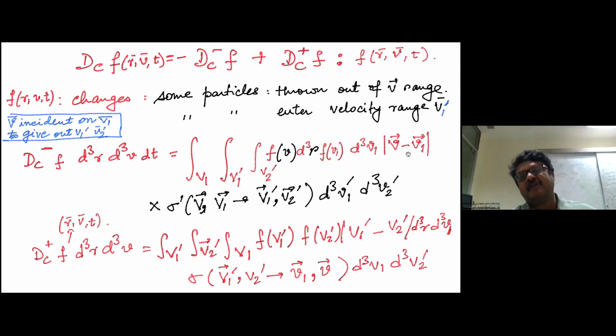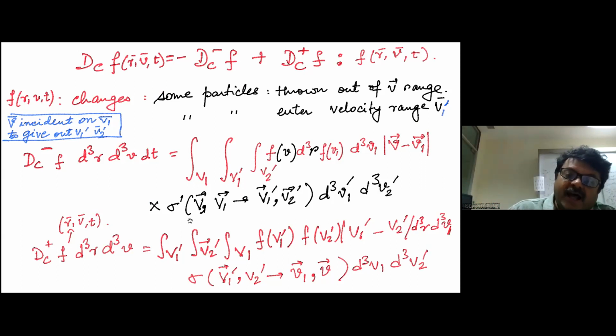This is the relative velocity, because v is incident on v1, and they're going to meet only if the relative velocity is appropriate, but you're integrating over v1, and this scattering cross section is going to depend upon v1, right?